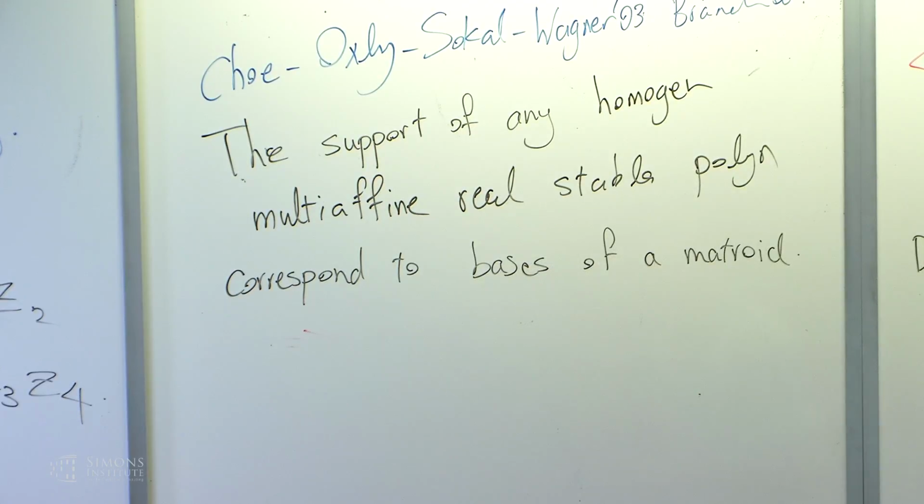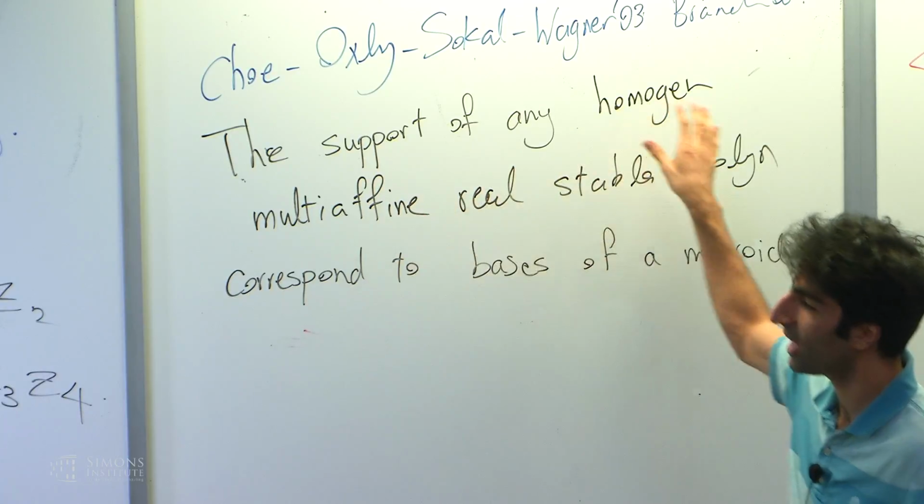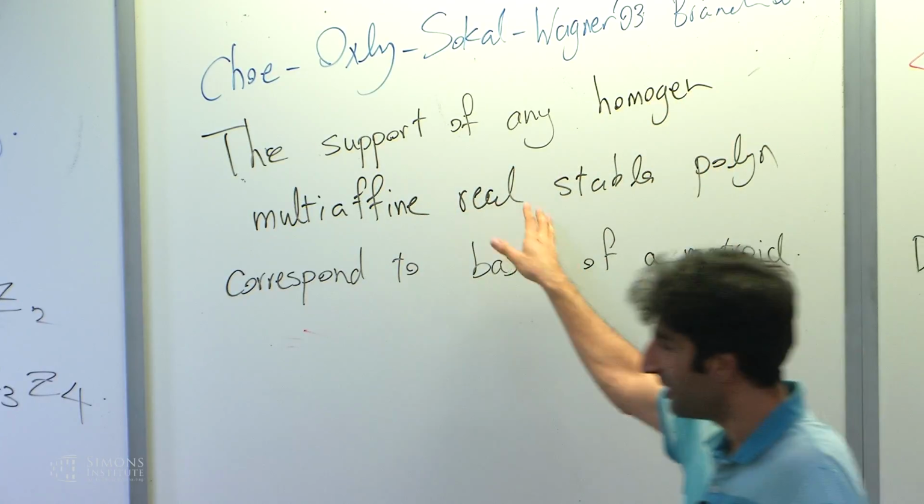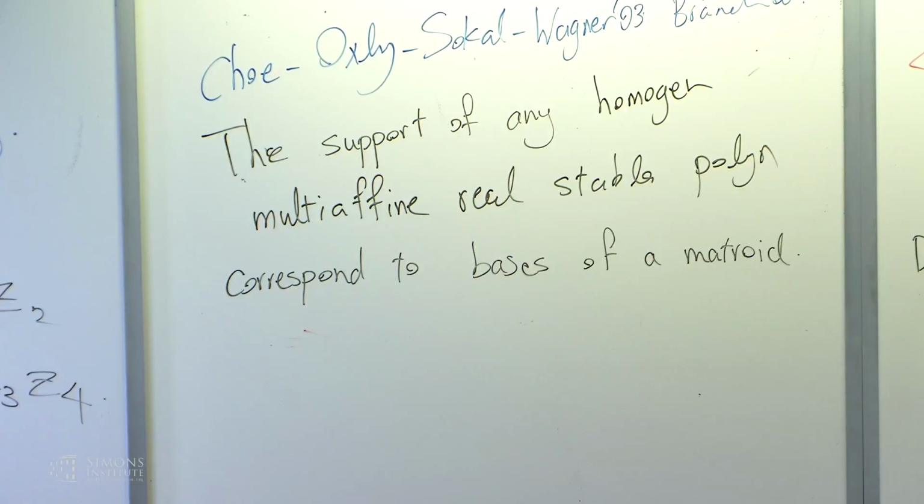Okay? So I haven't defined what these two are. I'm going to say it in a second. But okay, this particular polynomial is homogeneous and multi-affine. And if you look at the support, it is really {1, 2} and {3, 4}.